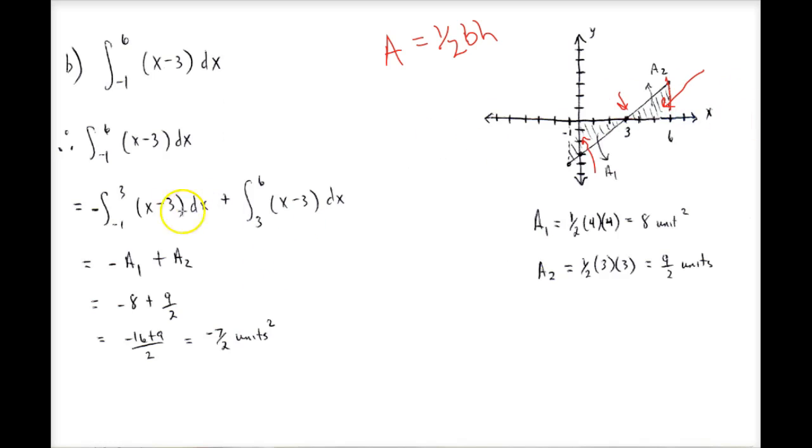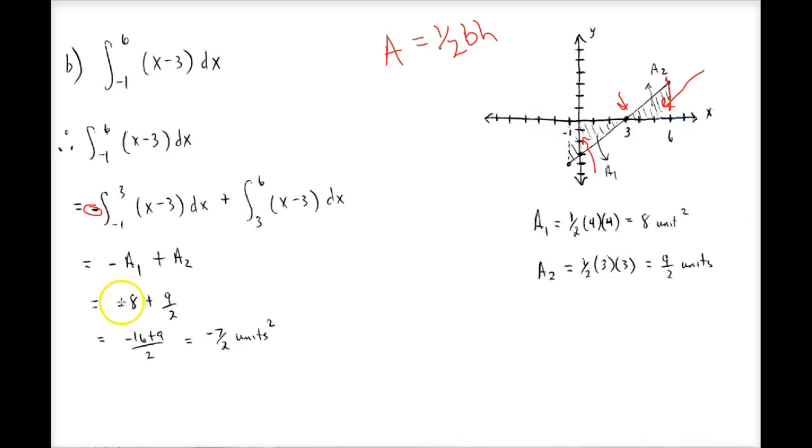So once we put all that together, we use our property that says that, hey, if I'm going to interpret this area here that's below the x-axis, then I have to interpret it as being negative. And then on top of that, from 3 to 6, I know that that area is going to be interpreted as positive.